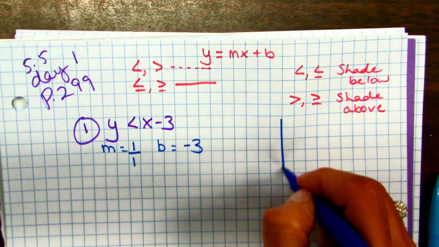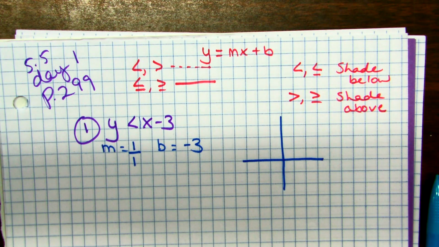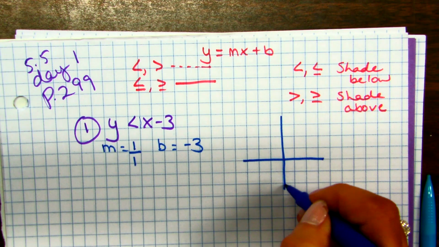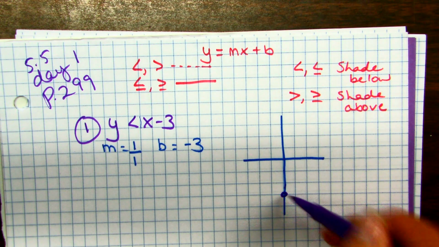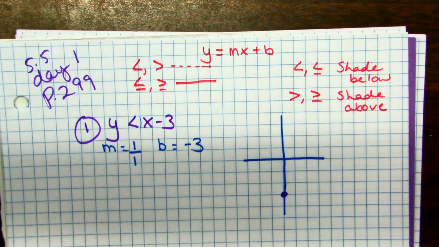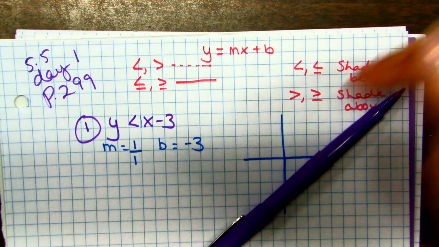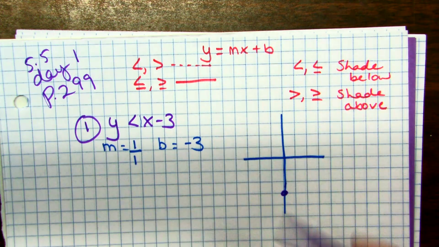So sketch your graph. b goes first. b is -3. 1, 2, 3. First point always goes on the y-axis. We have a positive slope, so it should rise left to right, increase left to right. So I can go up 1, right 1, down 1, left 1, whatever.